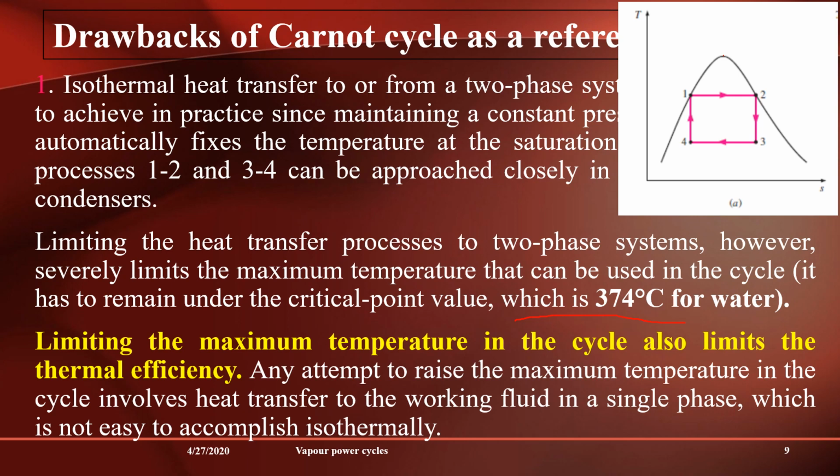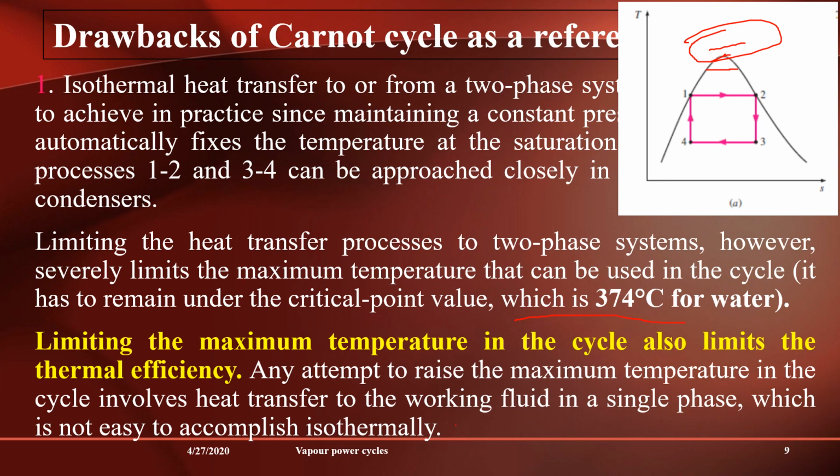And if we try to increase this value, if we go here or here, beyond this it will be single phase only. This region will be a single phase region, so we can't go beyond this critical point. In a single phase process, isothermal operation is not easily achievable. That is a major issue regarding the Carnot cycle.